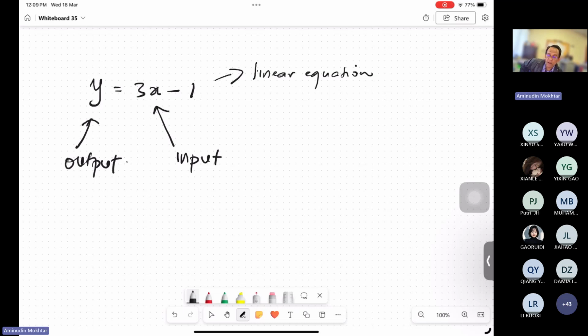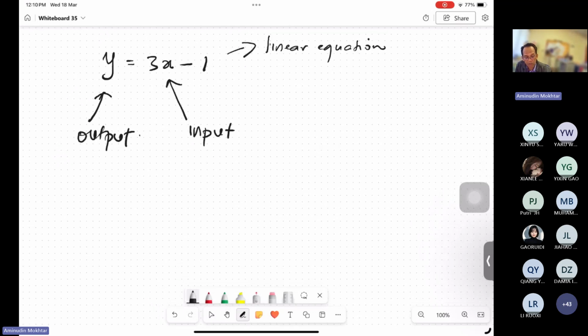X represents input, whereas y represents output. X is an input number. In other words, we need one number to represent x. That's why we call them input number and output number.